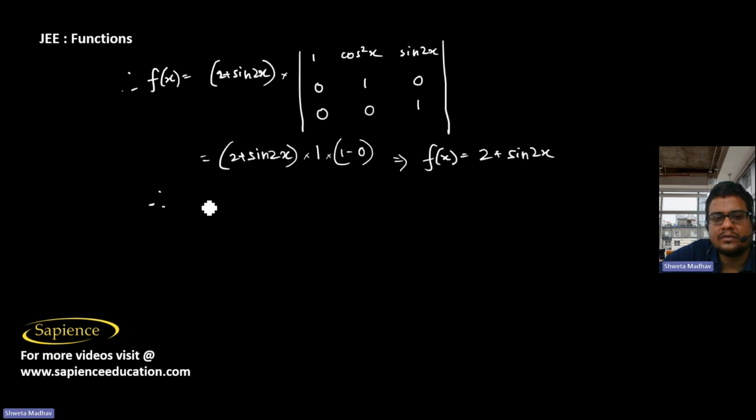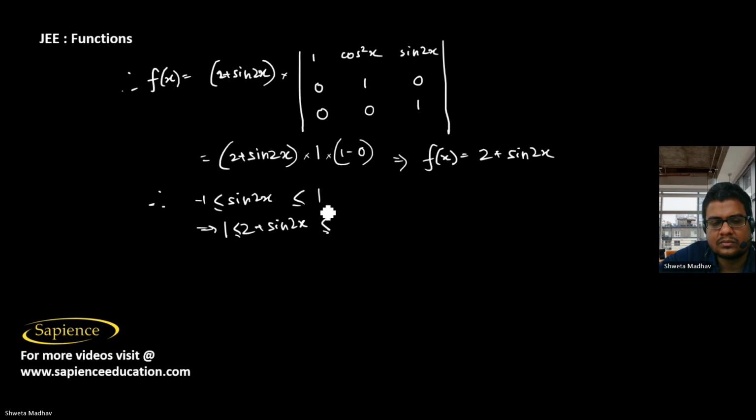Now sine 2x value, as we know, will go from minus 1 to 1. So 2 plus sine 2x, if we add 2 on all sides, will go from 1 to 3.